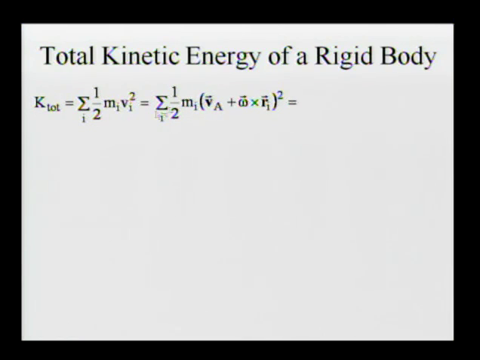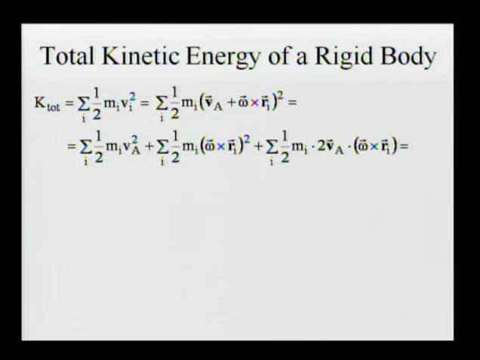I now recognize that the velocity of a particle can always be written as a superposition of translational motion and rotational motion. So this is the velocity of a selected point. We remember that one of the most convenient of those points is the center of mass, but it doesn't have to be the center of mass. I can choose whatever I want. And this term describes rotation about that selected point.